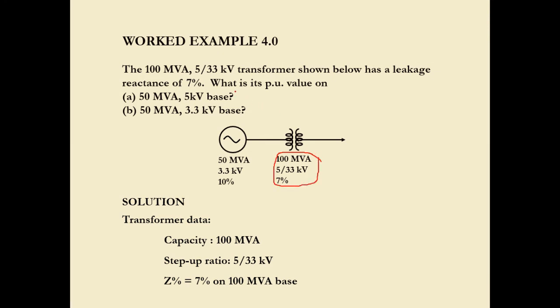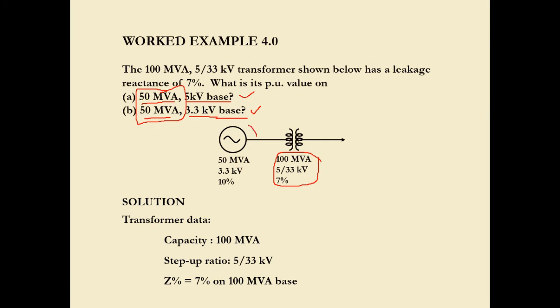So what is its PU value on 50 MVA, 5 kV base, and then second, 50 MVA, 3.3 kV? So it seems that we have a new condition. First we have a new value of V, and second one also we have a new value of V. Somehow S remains unchanged.